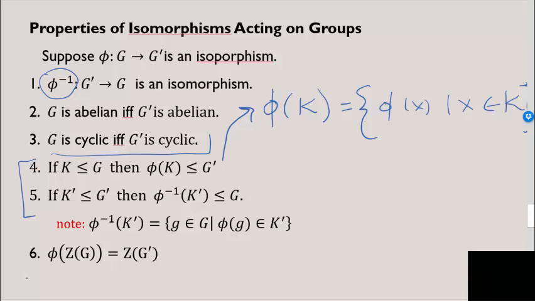And also, number 6, if you apply phi to the center, Z of G, the center of G is a subgroup, so it's just like number 4 here. The phi of the center that you get is the center of G prime. So phi maps center to center. You should be able to prove definitely 4, 5, and 6, well, really all of them. But I'm going to leave this up to you.